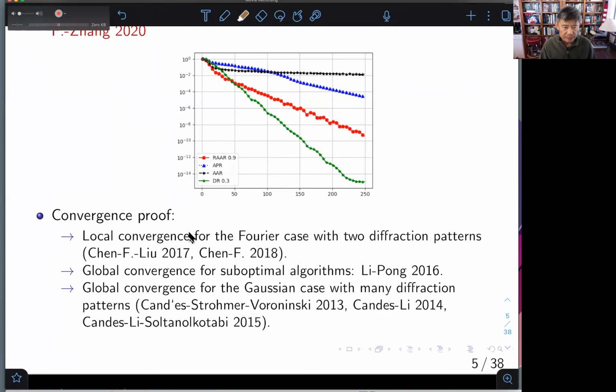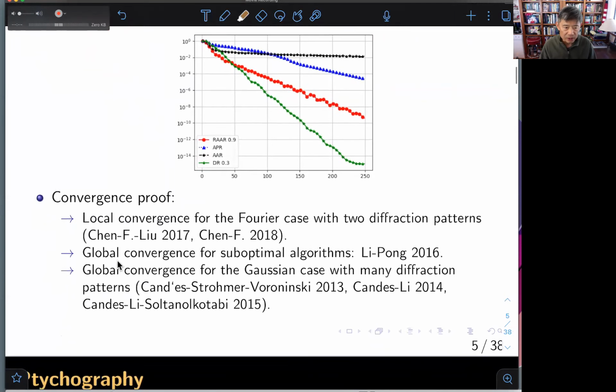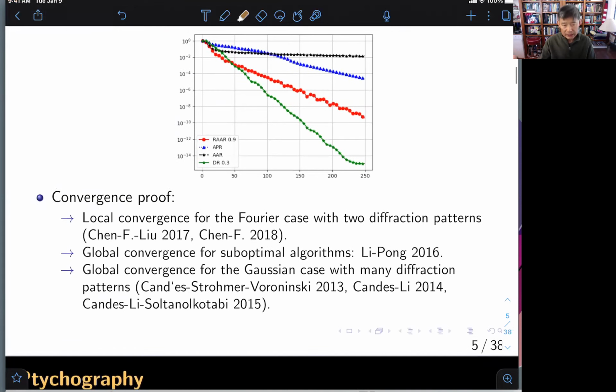For global convergence, one can come up with suboptimal algorithms that you wouldn't use in practice, and you have to put a lot of conditions on that kind of algorithm. So a global convergence result exists even for the Fourier case with two diffraction patterns. For example, I refer to this paper.